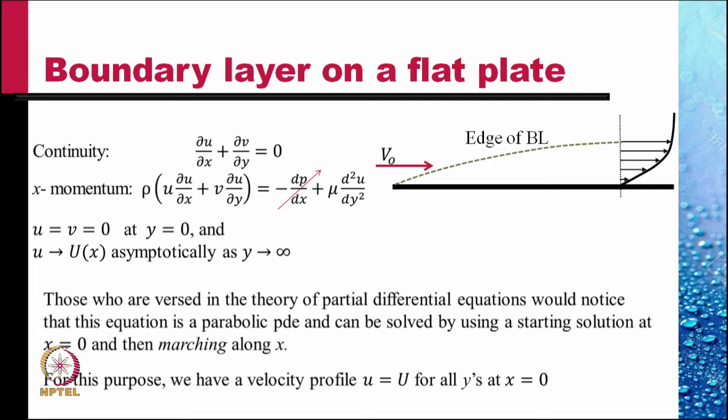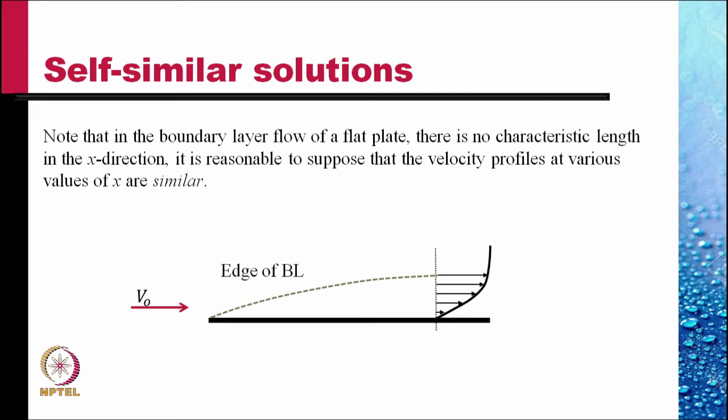The marching means that after the solution at x is equal to 0, we go a little distance in the x direction and find out the profile there. But an interesting thing to notice in this boundary layer on flat plate is that there is no characteristic length in the x direction.